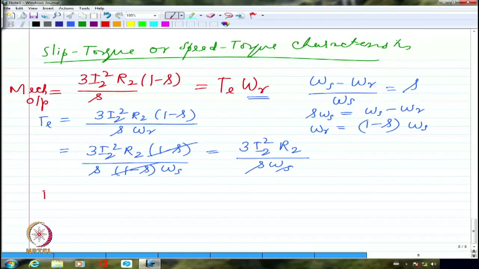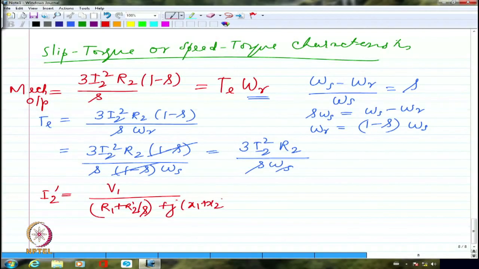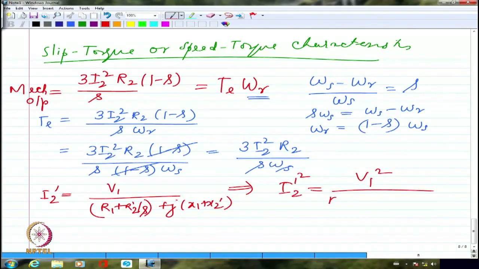Let me write first of all what is I2 or I2 dash, whatever. That is going to be V1 divided by R1 plus R2 dash by S plus j into X1 plus X2 dash. From which I can write I2 dash square is equal to V1 square divided by (R1 plus R2 dash by S) the whole square plus (X1 plus X2 dash) the whole square. Right?